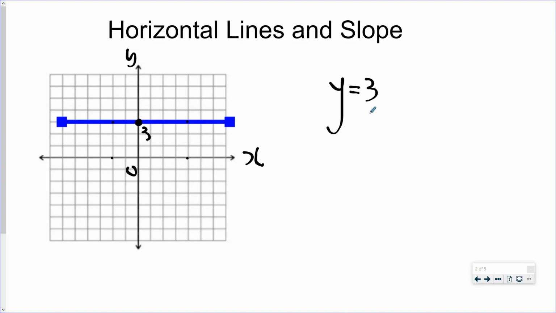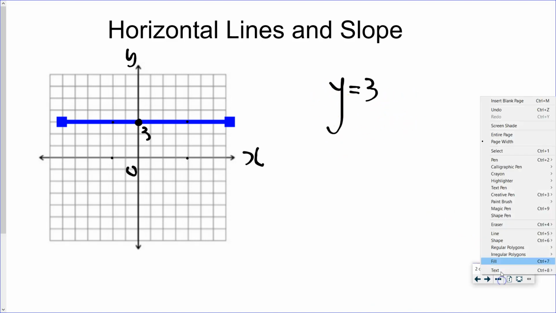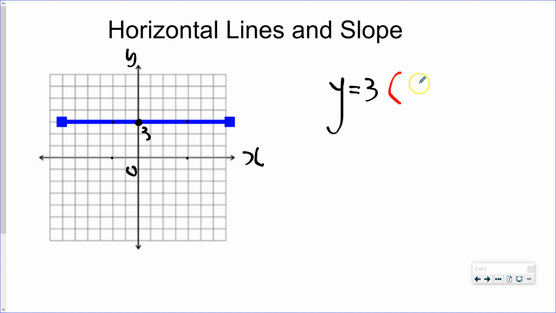There are two ways to look at that slope. The first one is the method I would prefer to use because it doesn't include any kind of calculation. This is actually your slope-intercept form because it starts with y equals. If this is the slope-intercept form, then I have my b.